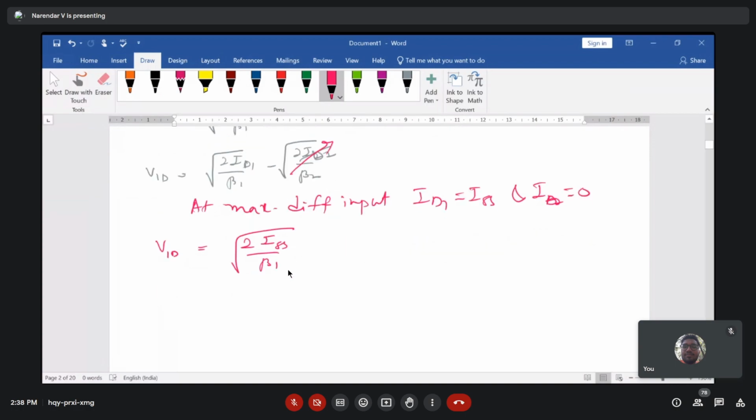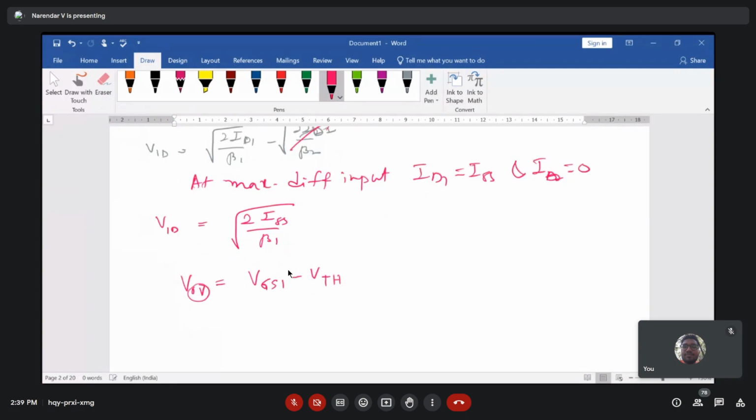And you might have heard the term overdrive voltage. VOV is called the overdrive voltage. Overdrive voltage is equal to VGS1 minus VTH. So if you take VGS1 from the above expression, you get root of 2 ID1 by beta 1 plus VTH minus VTH.